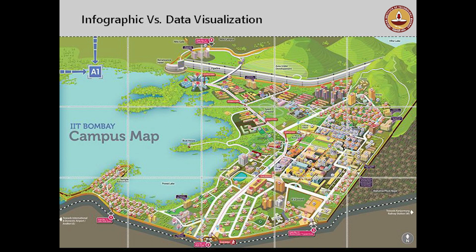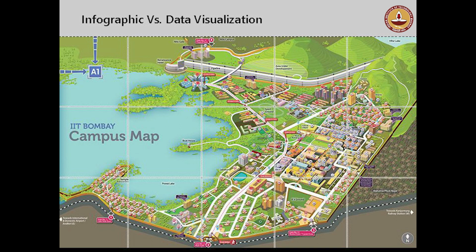So, the choice of the aesthetic style of the map is clearly very illustrative in nature, colorful. You can see that even the plants are all rendered. You can see the mountain as realistically as it can be. It is a bit abstract, but still kind of realistic. And you have the lake, not just the lake, but also all the water plants that are covering most of the lake and so on.